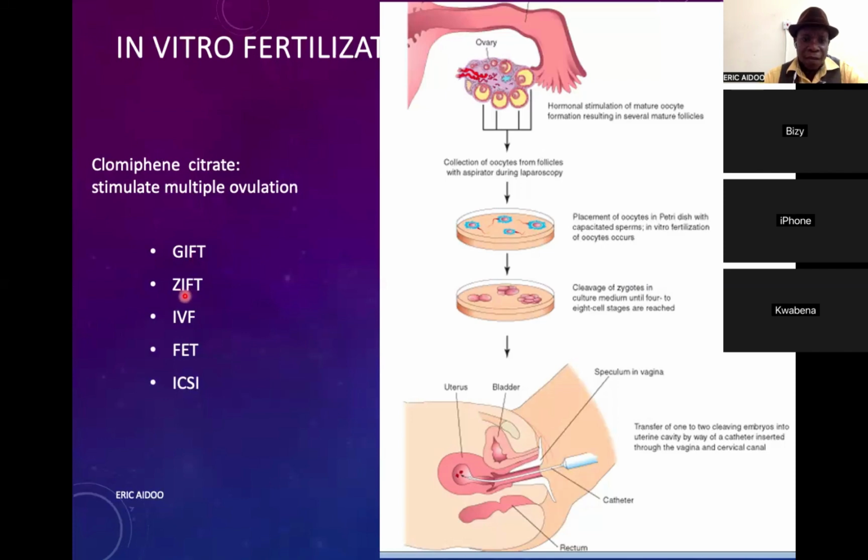Then you have zygote intrafallopian transfer. That one, obviously, fertilization would have occurred outside the female body. Then you have the almighty in vitro fertilization too. Then you have the frozen embryo transfer and then intracytoplasmic sperm injection. All right.